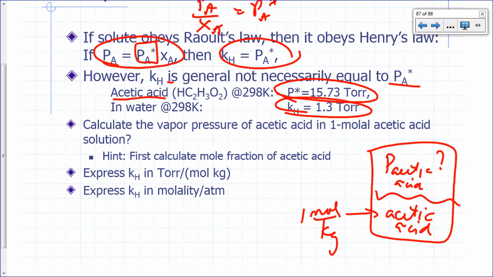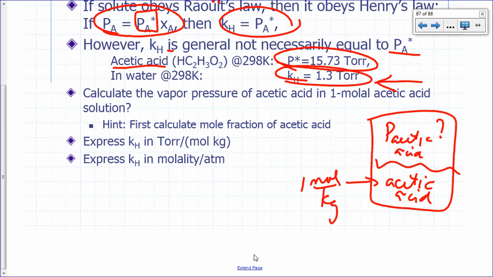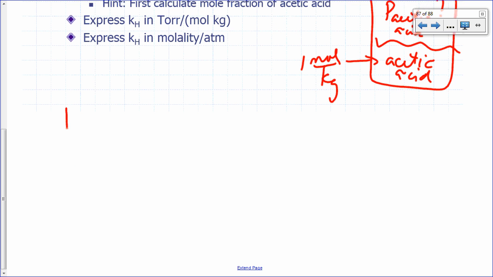Henry's law, right? You're going to use this Henry's law constant right here. But the first thing you need to do is calculate the mole fraction. So, partial pressure of acetic acid is equal to Henry's law times mole fraction of acetic acid.